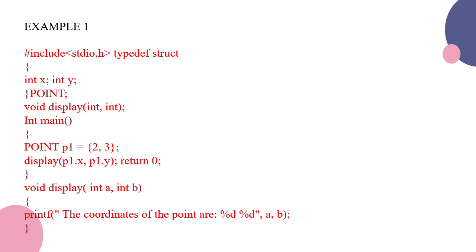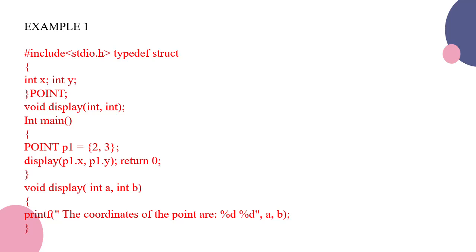In this slide, we can see that there is a typedef keyword. Typedef is a keyword that is used in C programming to provide existing data types with a new name. Here, typedef is used to assign point as the structure name.